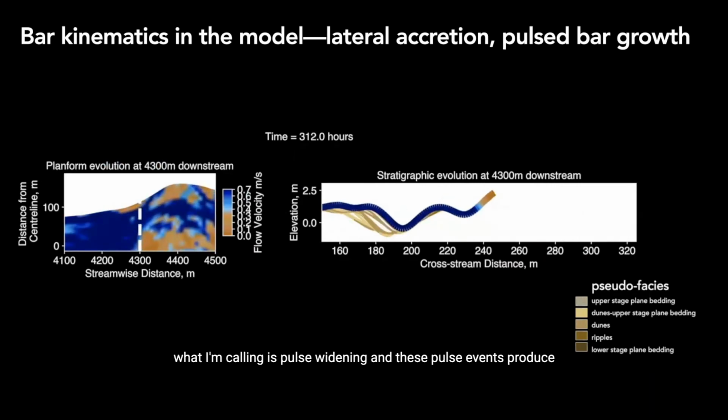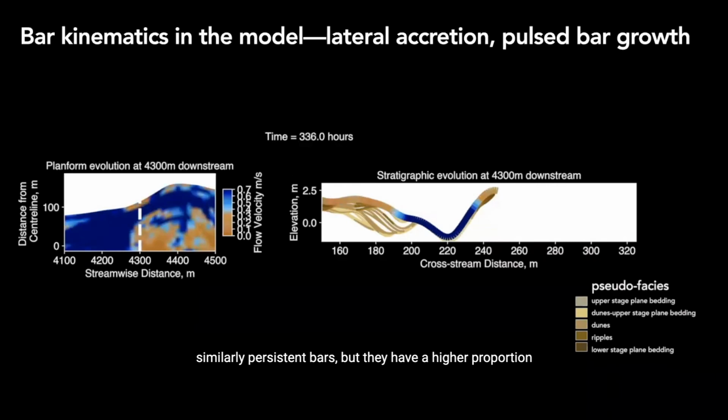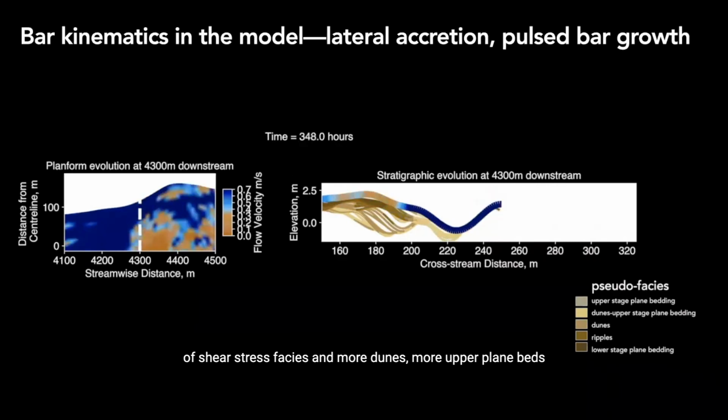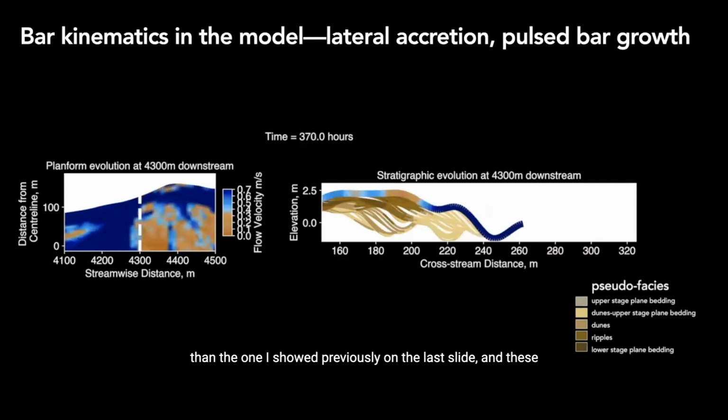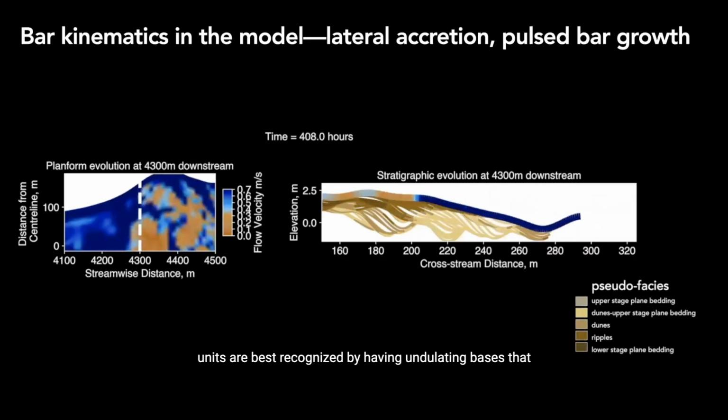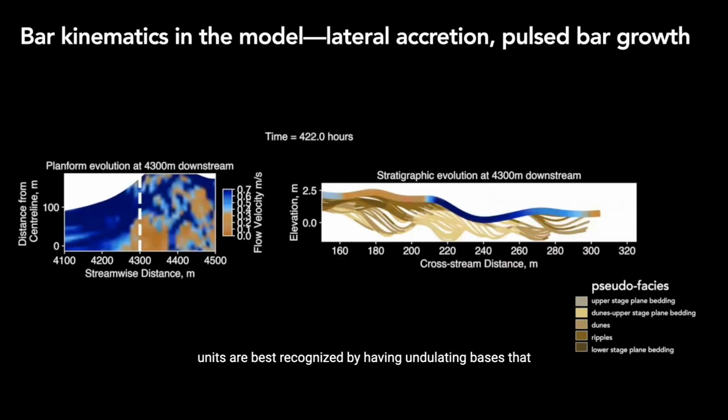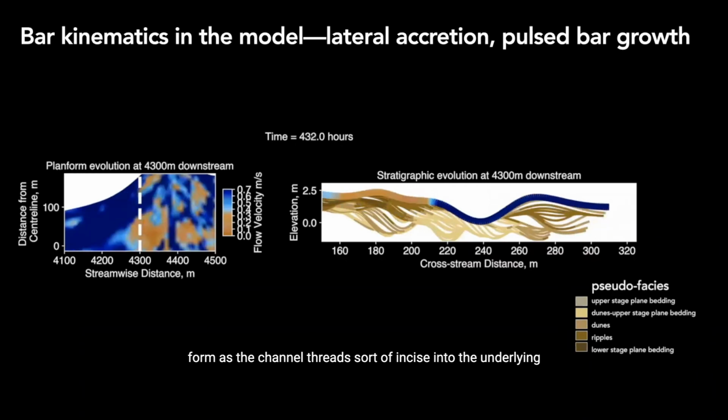So we can additionally observe cases where the stable threads move across the channel belt more sporadically in sort of what I'm terming pulse widening. And these pulse events produce similarly persistent bars, but they have a higher proportion of shear stress facies, so more dunes, more upstage plane bedding than the one I showed previously on the last slide. And these units are best recognized by having undulating bases that form as the channel threads incise into the underlying strata.